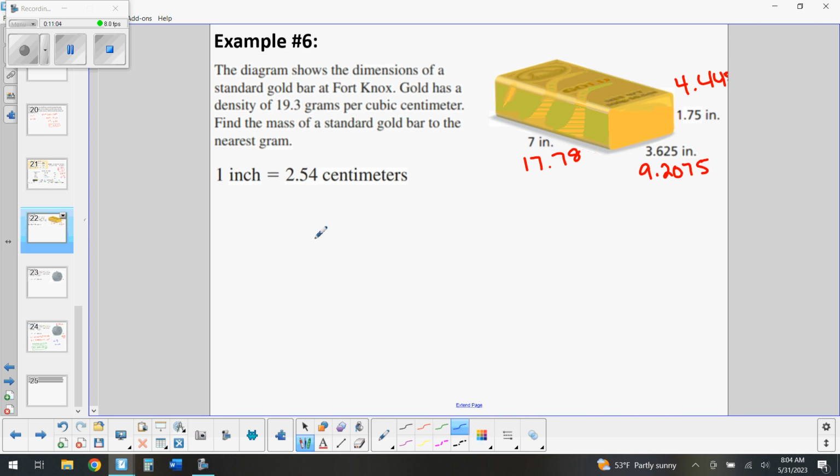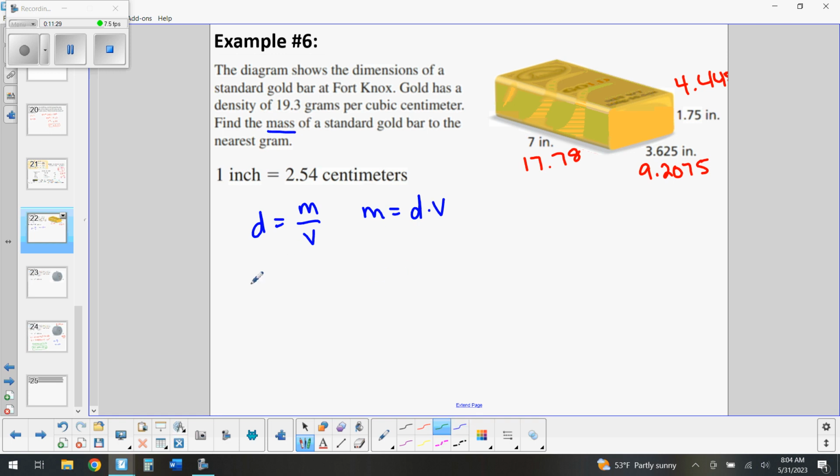So I'm going to find the volume because I know that density equals mass over volume. They're asking us to find the mass, which really means V times D. So I need to know the volume, multiply it by the density to get the mass, which is what they're asking for.